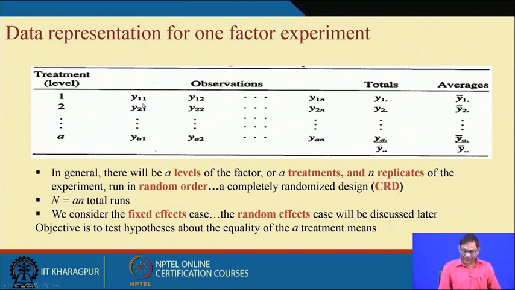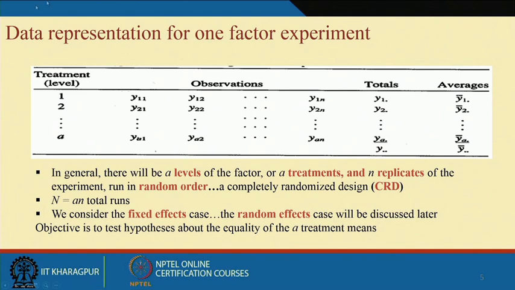Okay. So, why have we done this experiment? We will be doing this experiment to know whether the means across different levels differ or not. That is what we want to test.